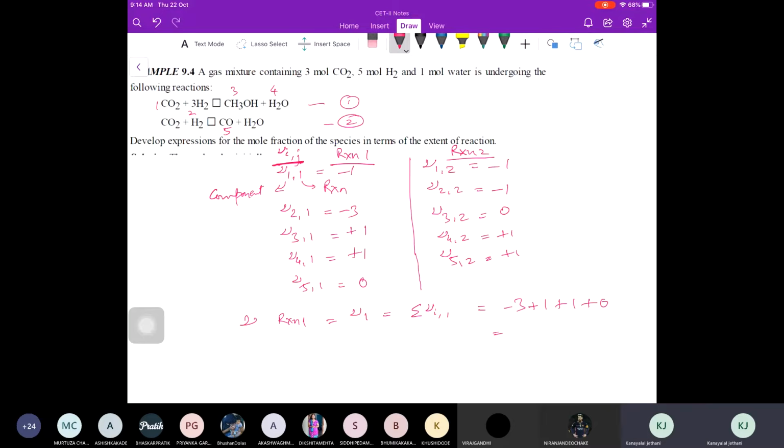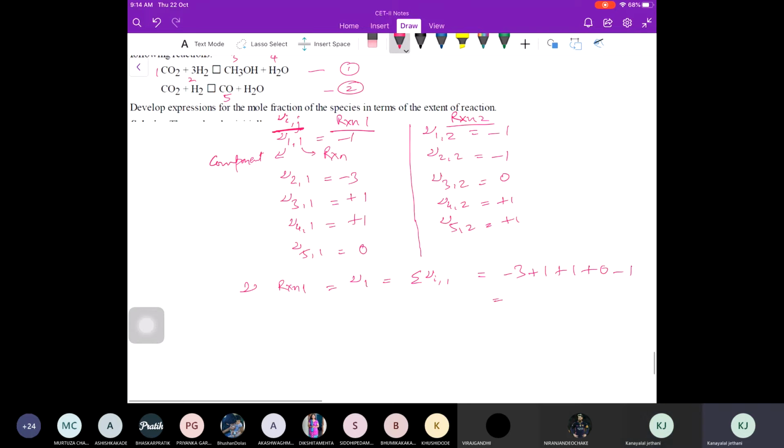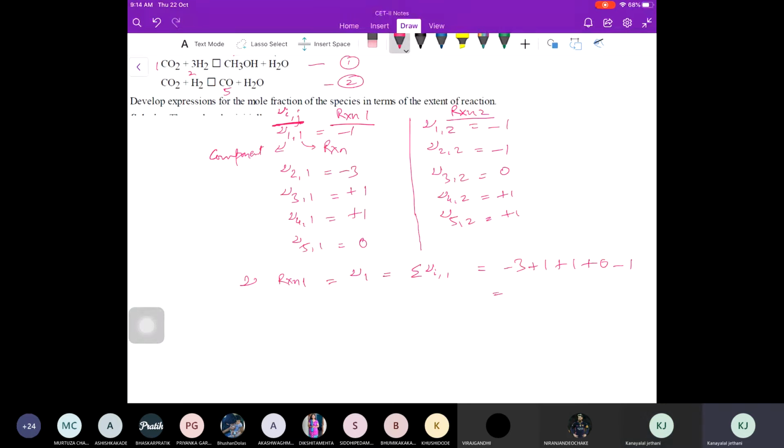Okay? Summation of all these things. And the -1 above. Right? Component 1 is -1, -3, 1, +1, +1 and 0. So how much will this be? How much is this? -2. So now we have to find nu 2, that is summation of i for the second reaction.